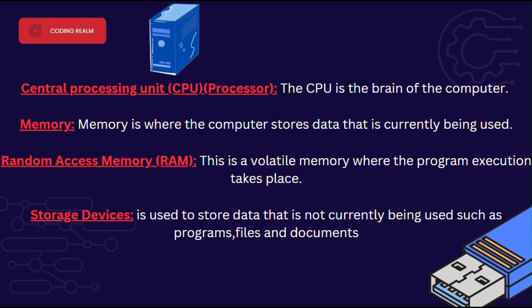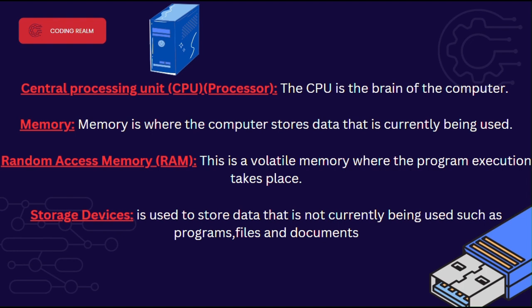Now, finally, let's talk about the storage device. A storage device is used to store data that is not currently being used, such as programs, files, documents, etc. There are two types of storage: internal storage and external storage.